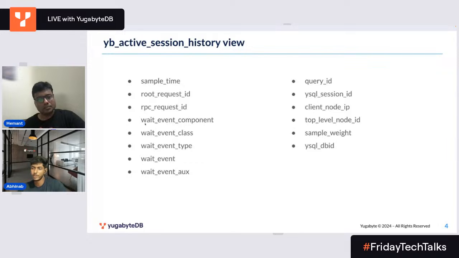Then we have the query ID, the YSQL session ID. We have the client node IP, which client was firing those queries. We have the top level node ID, which T-Server node the query came to first. Then we have the sample rate and YSQL DB. We'll get into all these columns more in the demo.